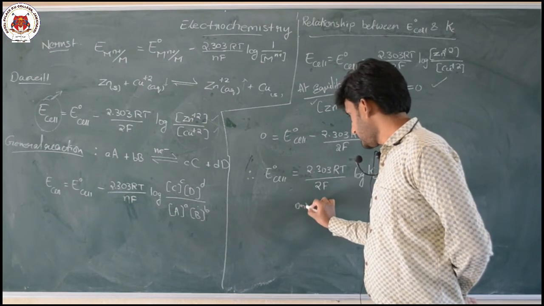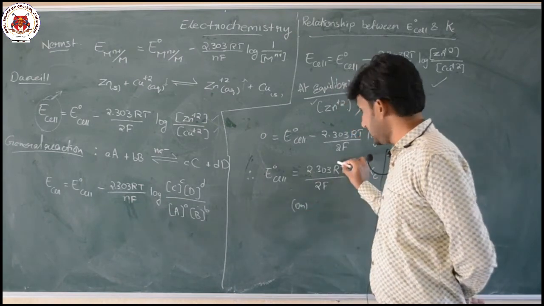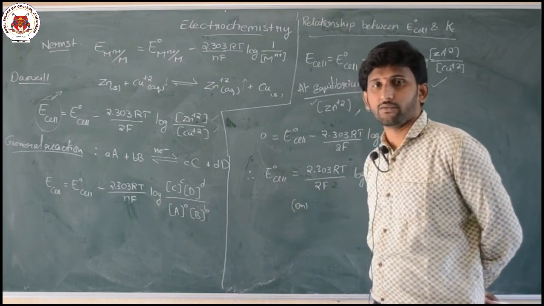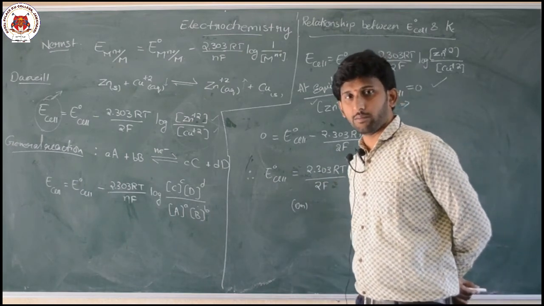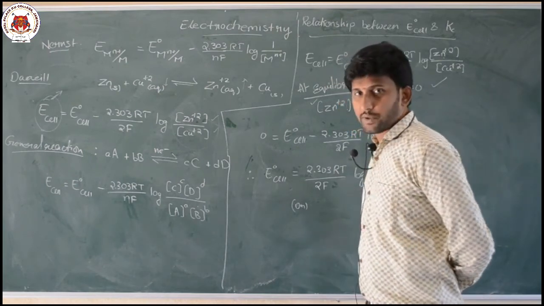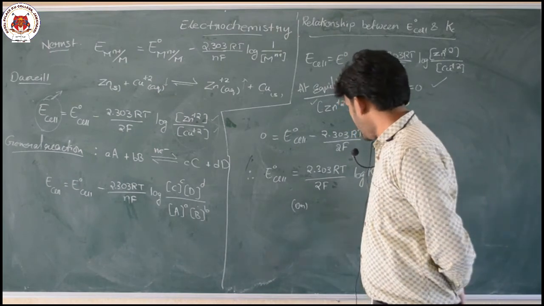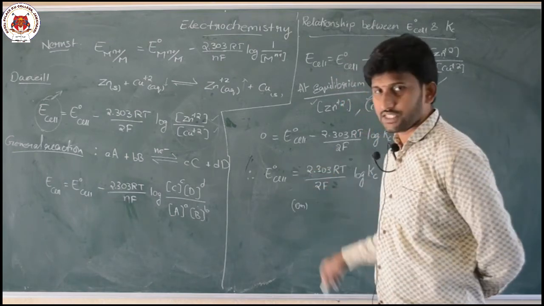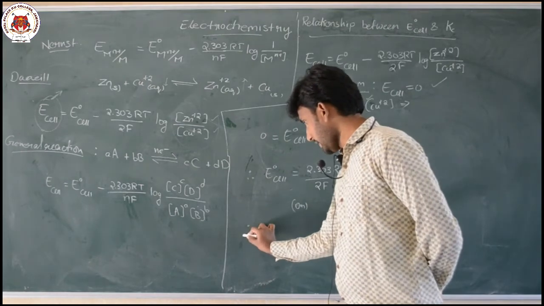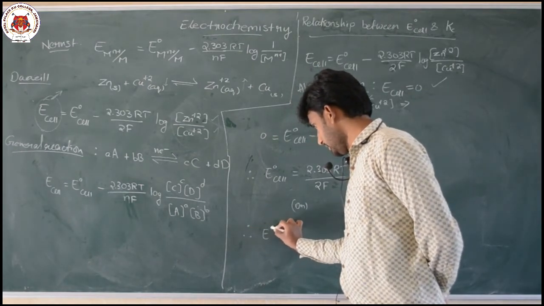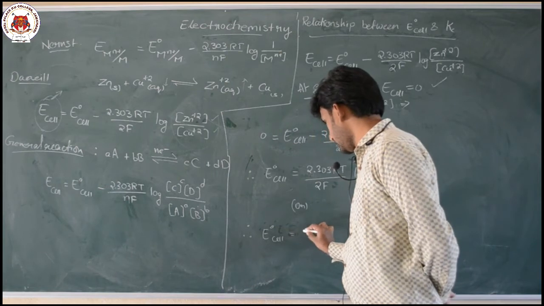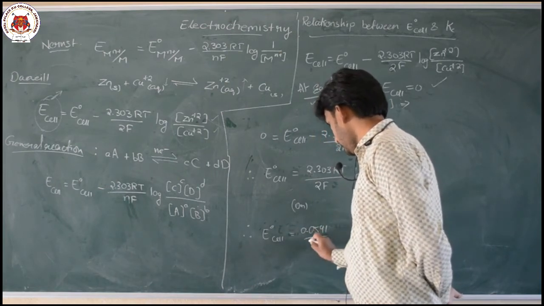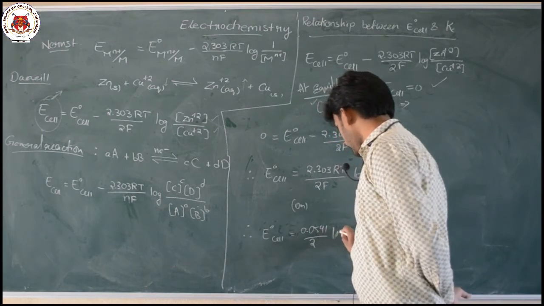Or if you substitute all the terms, as you know, R means what? Universal gas constant. What is its value? 8.314 joules per Kelvin per mole. T is temperature, 298 Kelvin. F is the Faraday, 96,500 coulombs per mole. If you substitute all these values, then finally you can also write E naught cell is equal to 0.0591 by 2 log Kc.